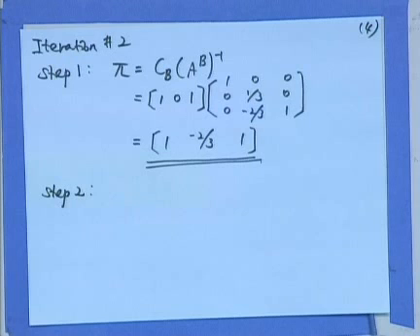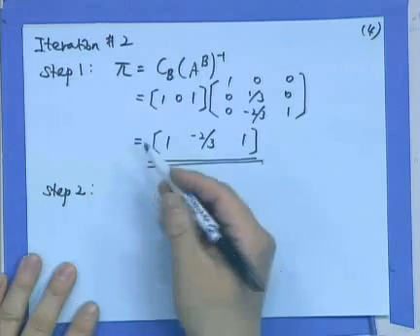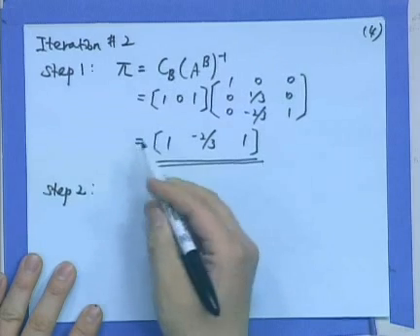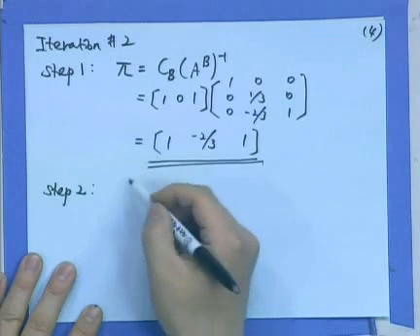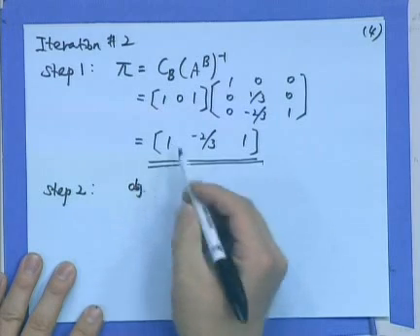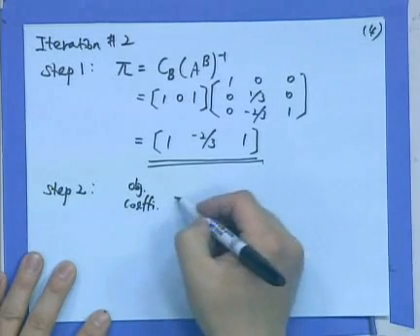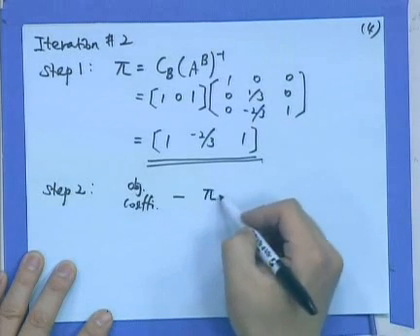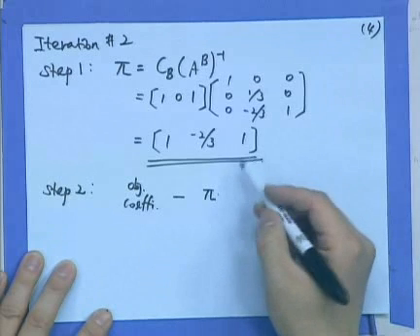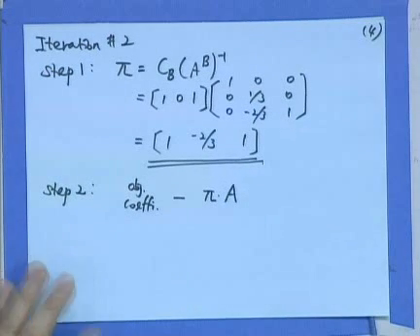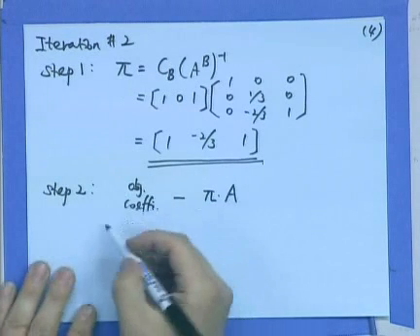Step number 2, compute the reduced artificial cost for the non-basic variables, right? So again, it can be obtained by the objective coefficient for non-basic variables minus the simplex multiplier vector times coefficient matrix A. Right?